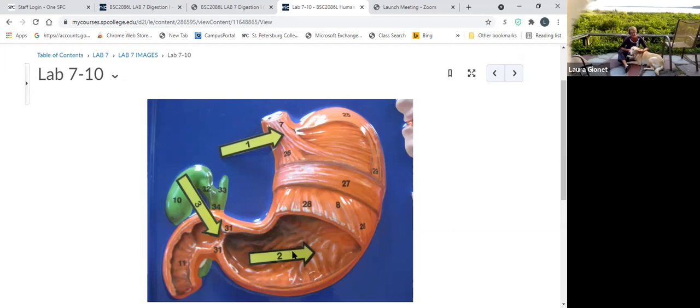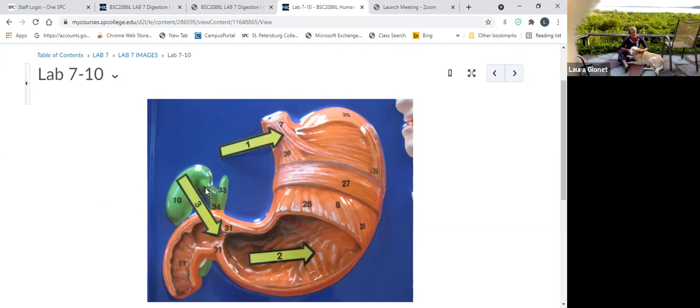And then while we're here, 11, just past arrow number 3, is what's called the duodenum portion of the small intestine. And then behind it, you see all the green structures there. 10 is the gallbladder. 32 is the cystic duct that transports bile from the gallbladder to where 33 and 32 merge at 34.